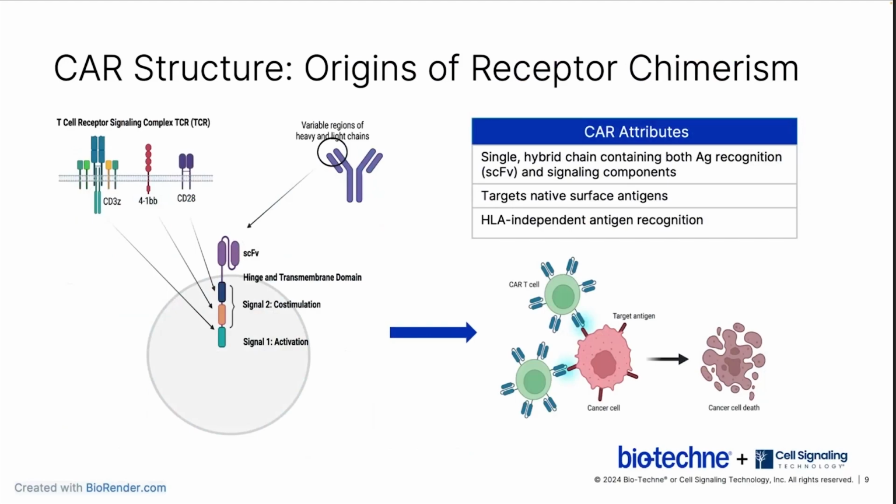In order to appreciate how CAR-engineered cells work in a clinical setting, it's important to understand how this novel class of immune receptors are designed and function at the molecular level. The best way to approach this is to draw comparisons with the T cell receptor signaling complex. For the T cell receptor signaling complex, antigen recognition and signaling components reside on separate chains.